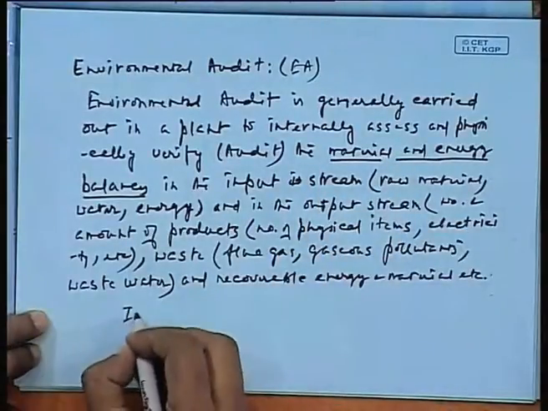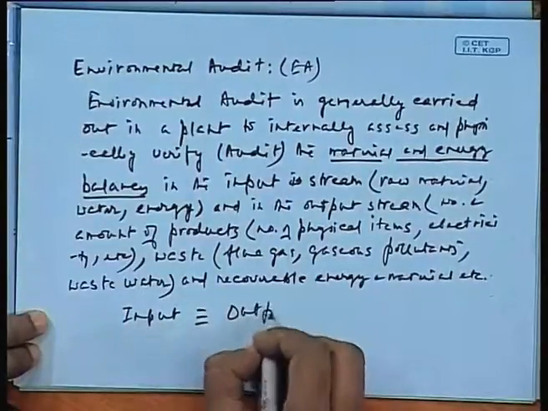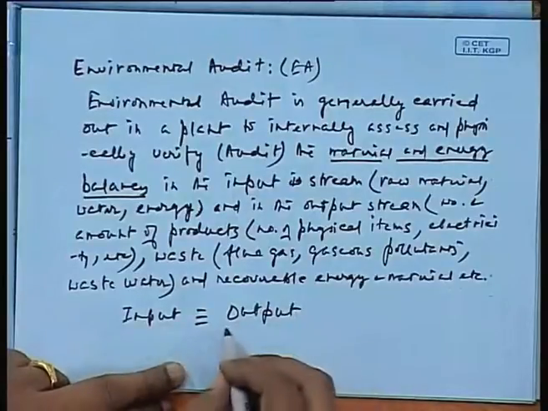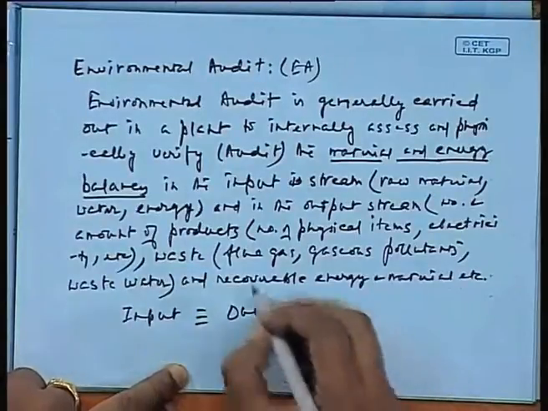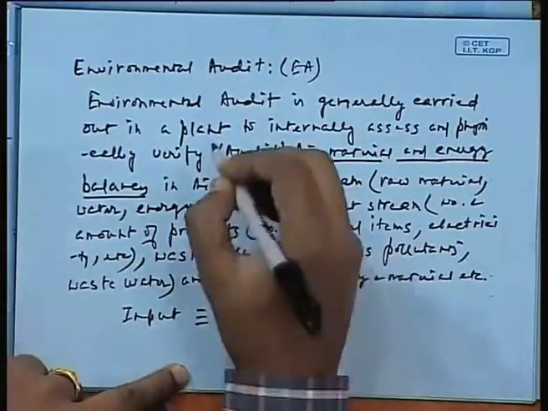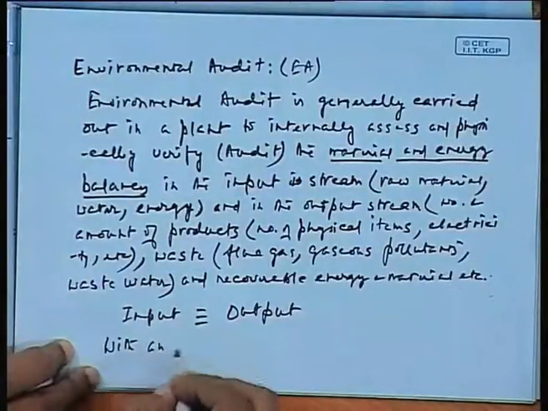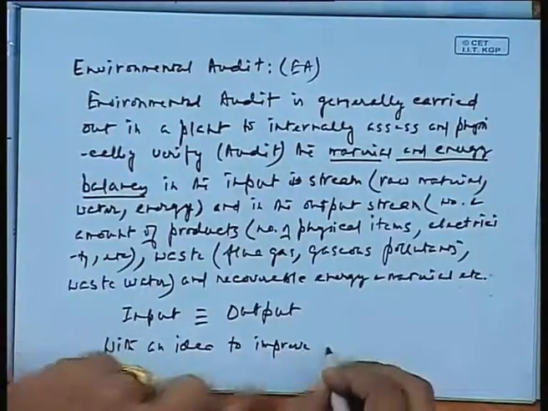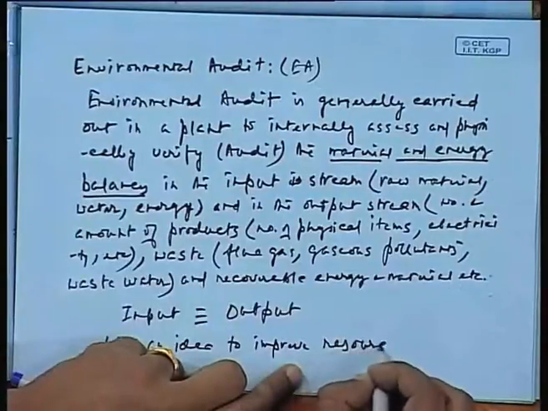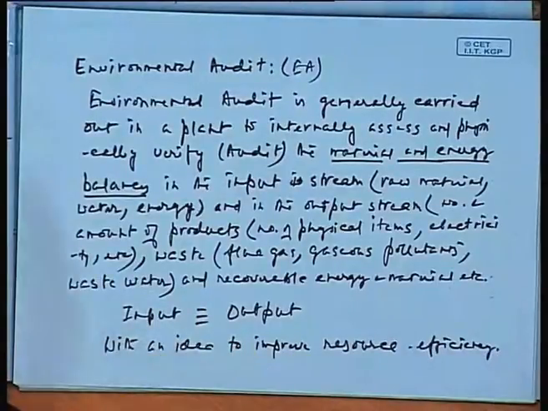So the input should be equal to output. Whether anything is recoverable or not, whether it can be reused or not, is done with an idea to improve resource efficiency.